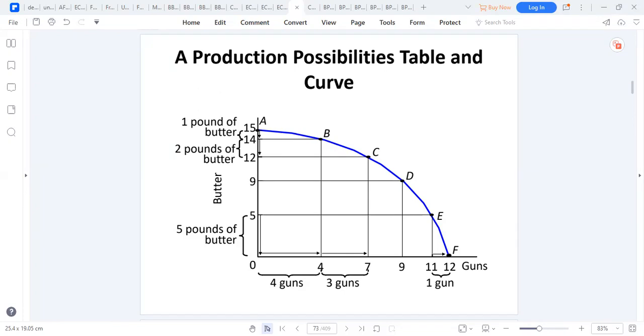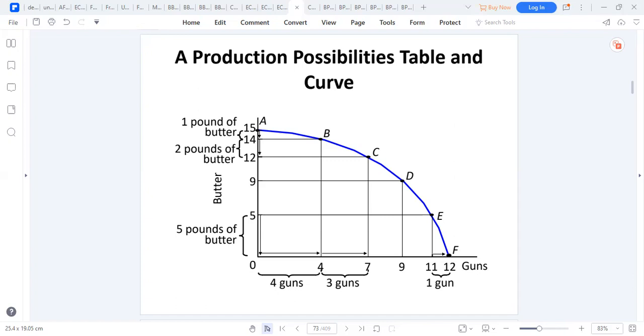Here are some of the key notes that you need to take note of. Number one, efficiency. This PPF represents the maximum potential output that an economy can achieve given its resources and technology.